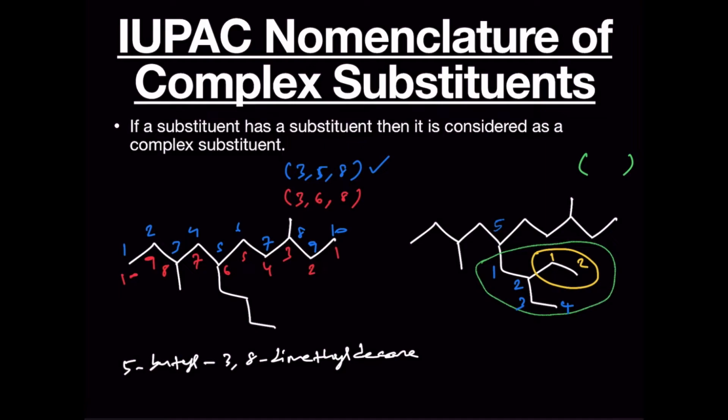So, at 5 position, we have a butyl chain that has an ethyl group. So, 2-ethylbutyl. That is the systematic way of naming that entire complex. This is the complex substituent.